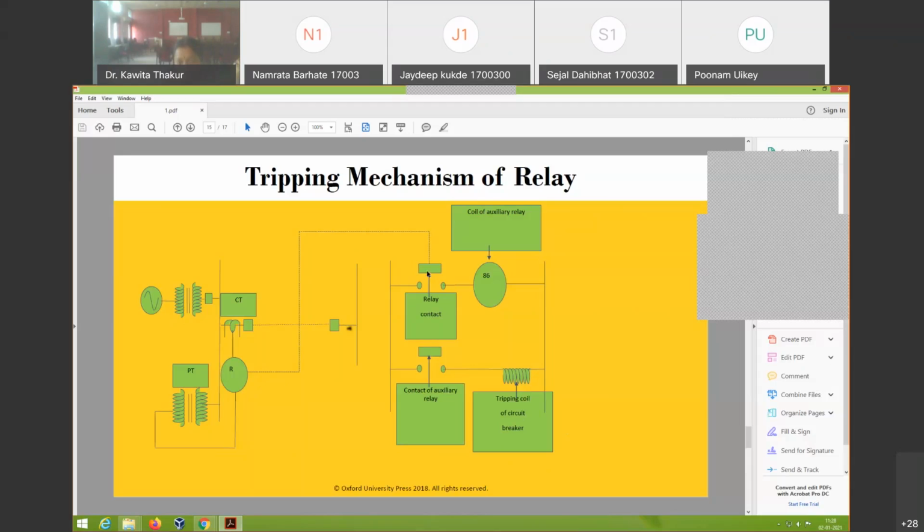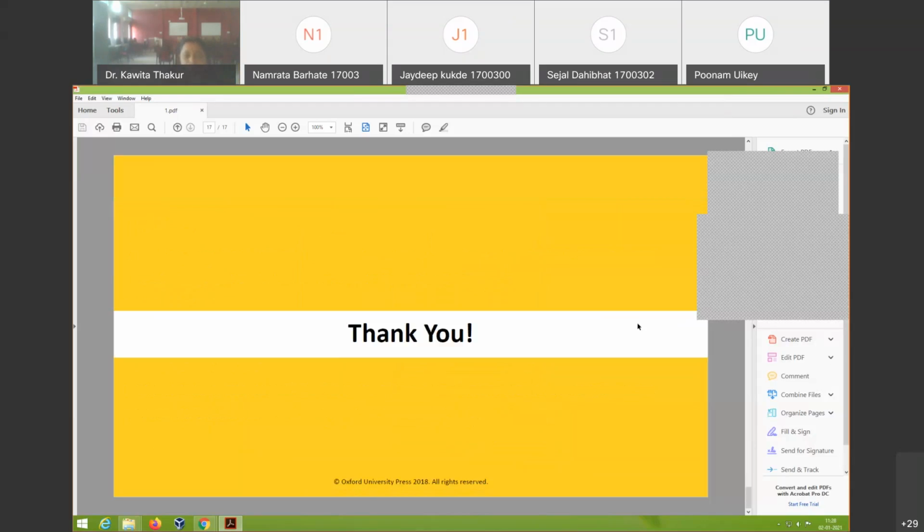That means this contact gets closed, the auxiliary coil of the relay is energized, it closes this contact, and the trip coil of the circuit breaker is energized. This we have already seen.